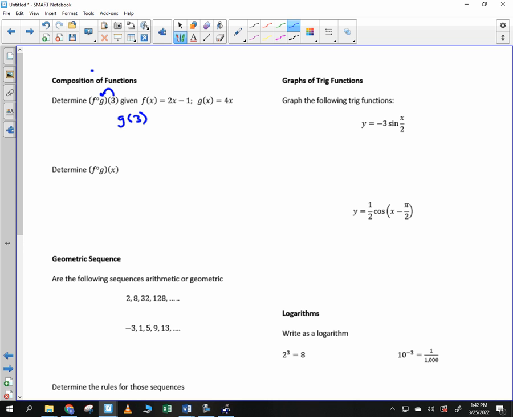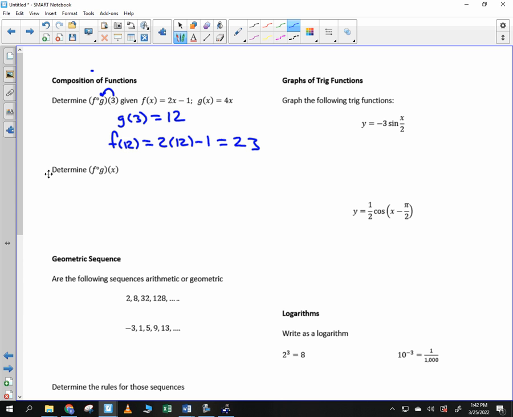What is g of 3? 12. What do you then do with that 12? Then plug it in for f. And so then you do f of 12, which is 2 times 12 minus 1, or 23. Function composition, easy way to get a point on a test if you just remember what it is.